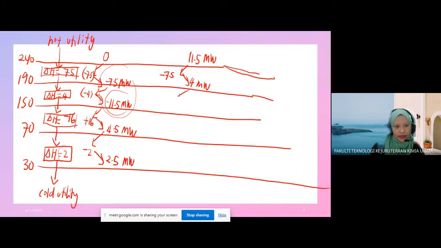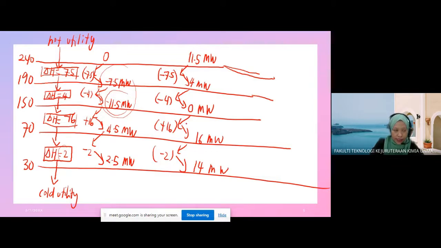Then this one minus 4, you get 0 megawatt, and then plus 16, you get 16 megawatt. Next, this one minus 2, you get 14 megawatt.